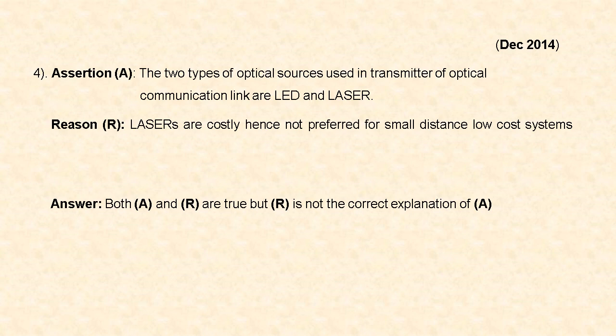So assertion is correct. But the reason, if you see, lasers are costly and hence they are not preferred for small distance low cost systems. We know that it is preferred for long distance systems. So reason is also correct, but it is not the correct explanation of the assertion.